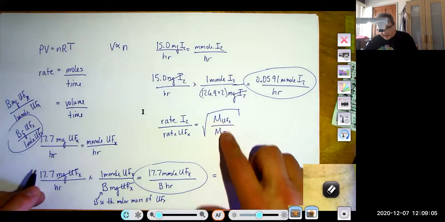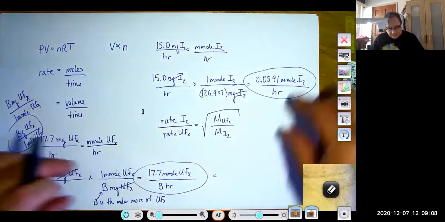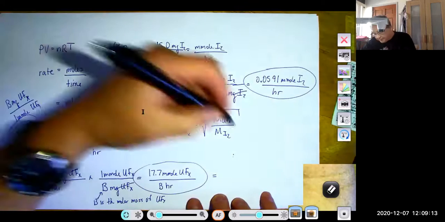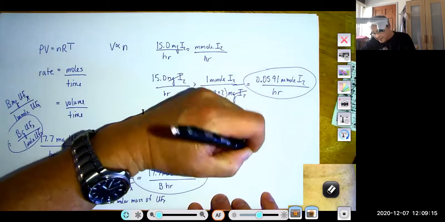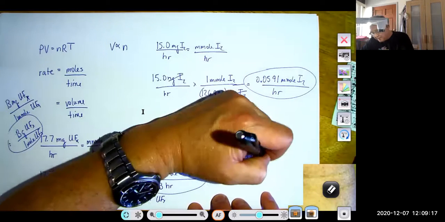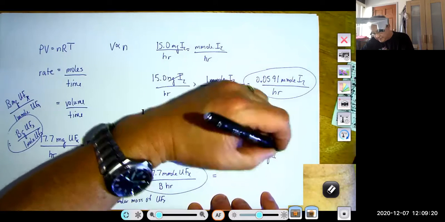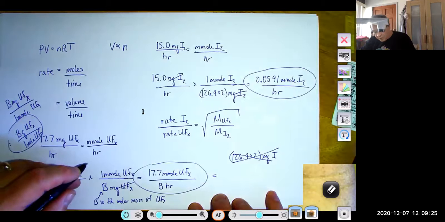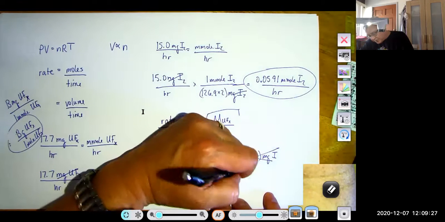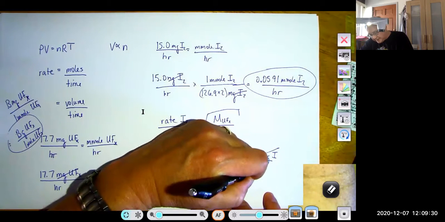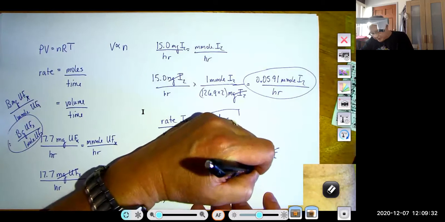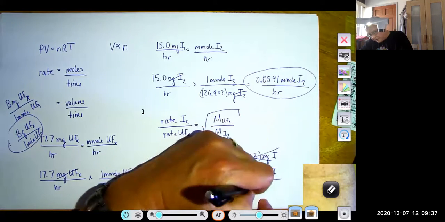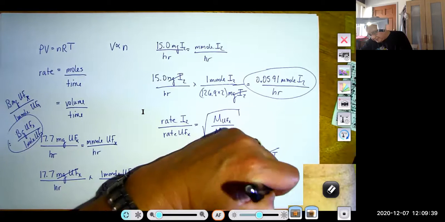So here, I can now take this formula and these numbers and this idea, plus the molar mass of iodine is 126.9 times 2 milligrams of iodine per 1 millimole of iodine.